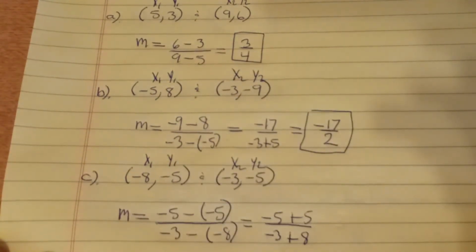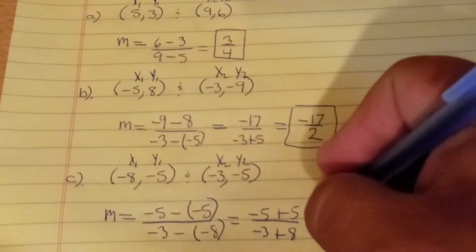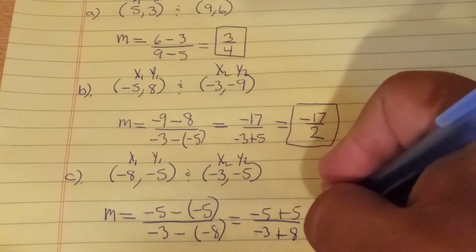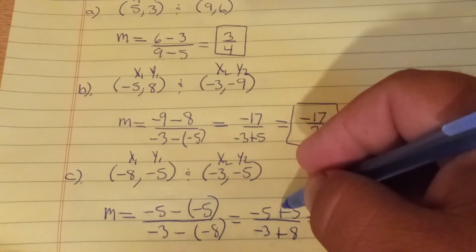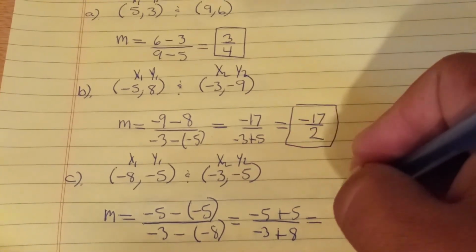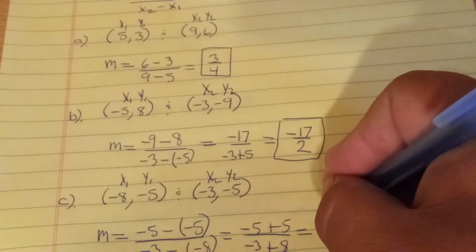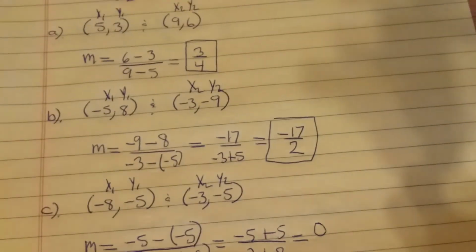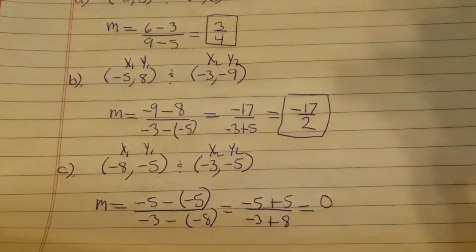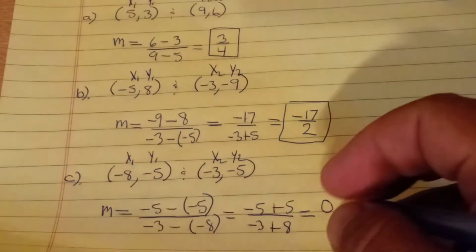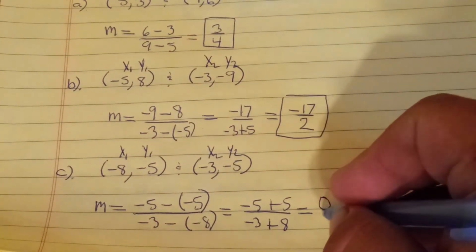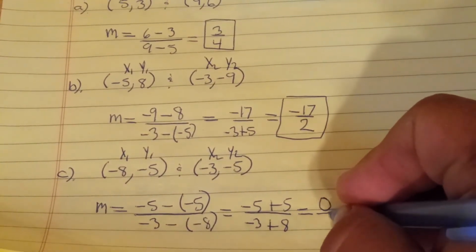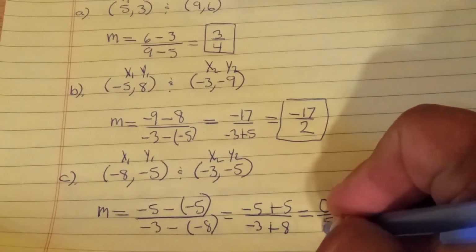So once again, we're going to have to subtract and keep the sign of the larger one. But you're going to notice that on top, both of them are the same. So negative 5 plus 5 will end up giving you 0. At the bottom, you have negative 3 plus 8. So you subtract and you end up with positive 5.